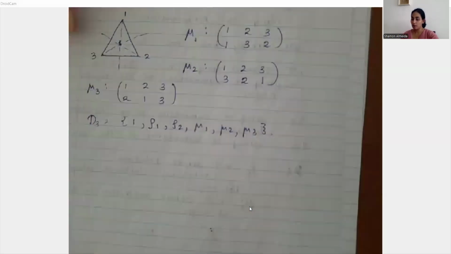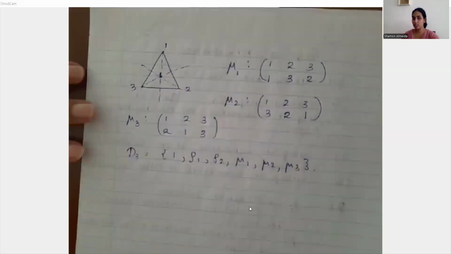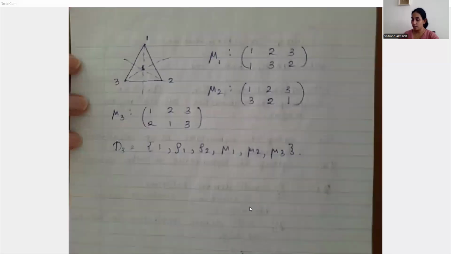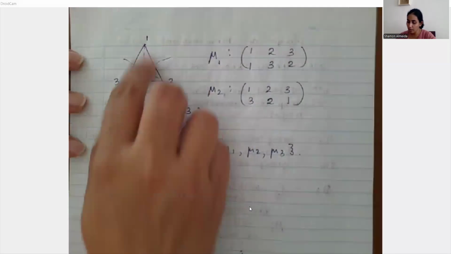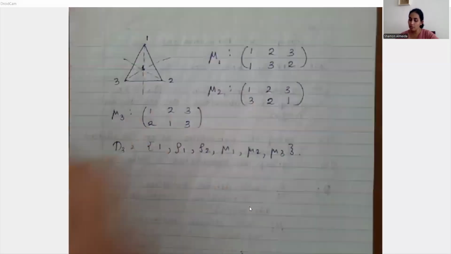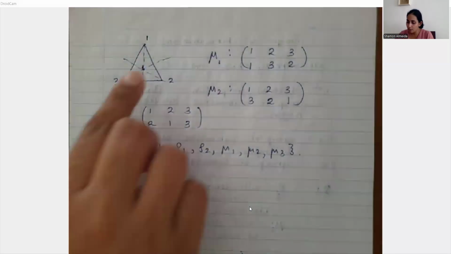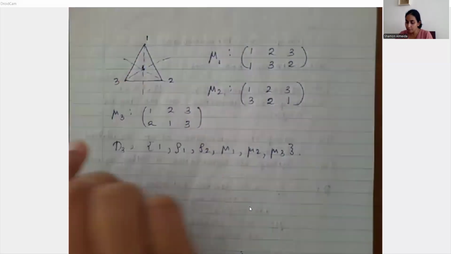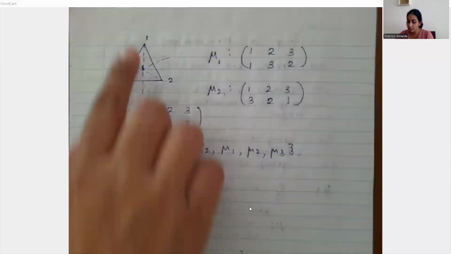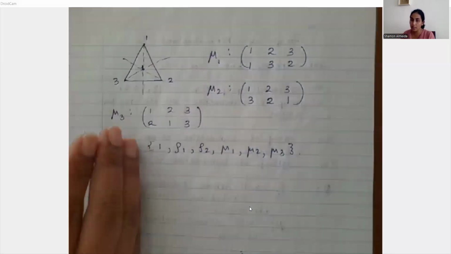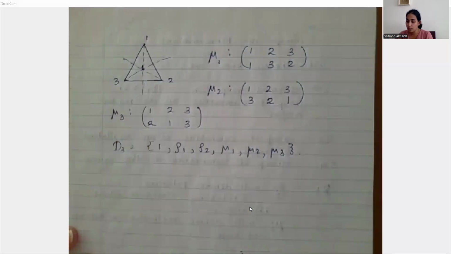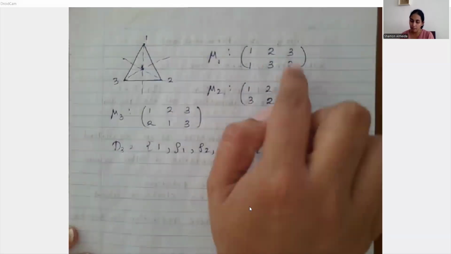Then starting off with mu 1, taking this to be the reflection about the line of symmetry through 1 and the origin, we have 1 fixed. Then we are taking the reflection about this line. In that case, 2 and 3 will be swapped. So 2 will go to 3, 3 will go to 2, and 1 will be fixed.